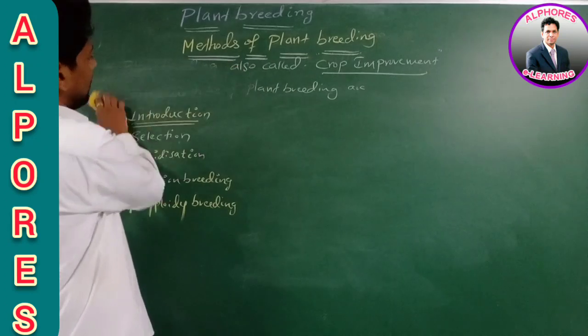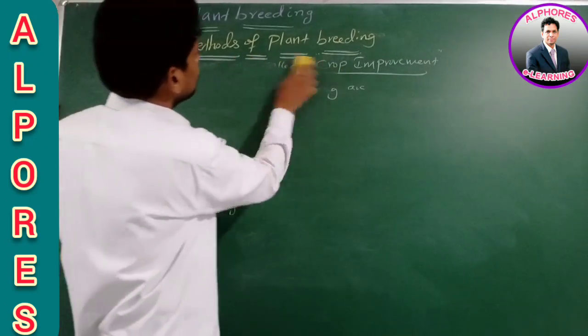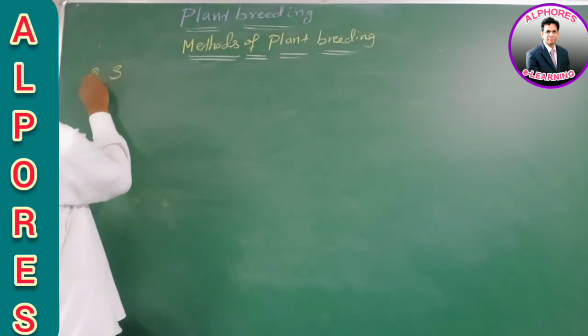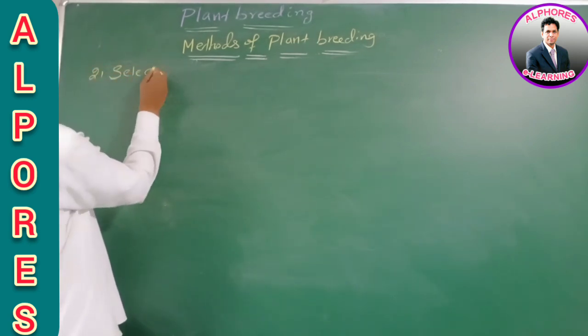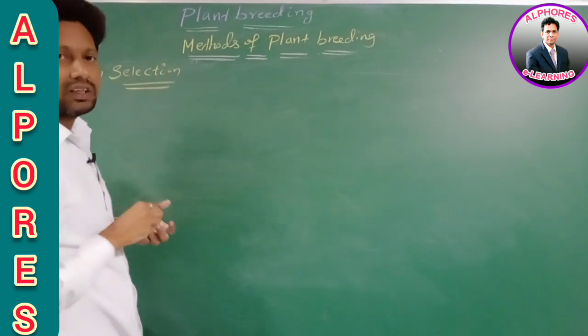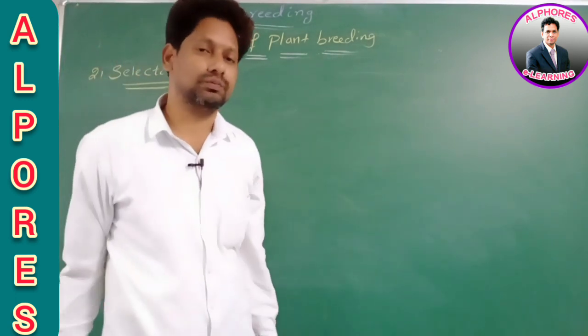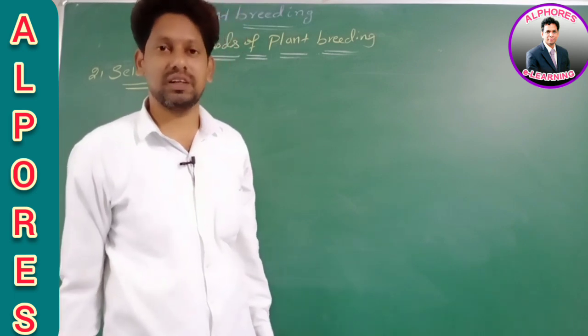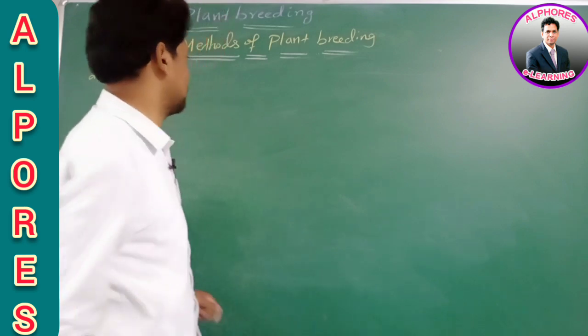Go for selection. Selection is the most primitive and simplest method of crop improvement.